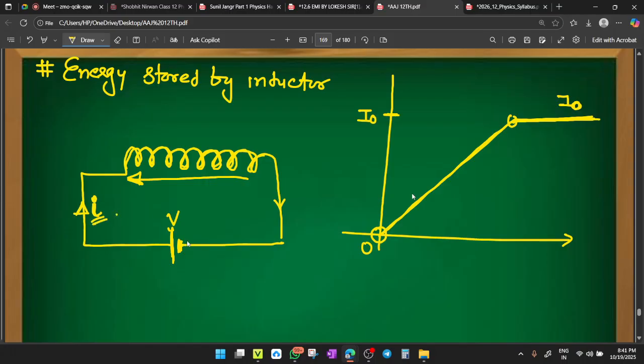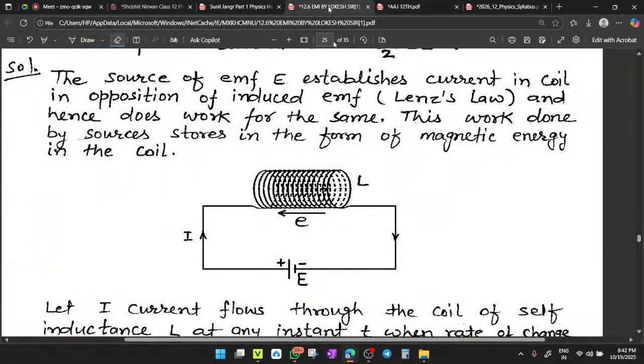So we have to find the amount of work done to establish the maximum current, from 0 to I naught. Clear?